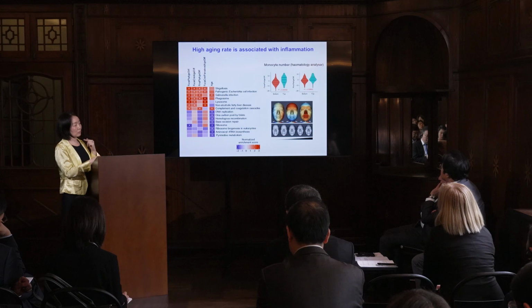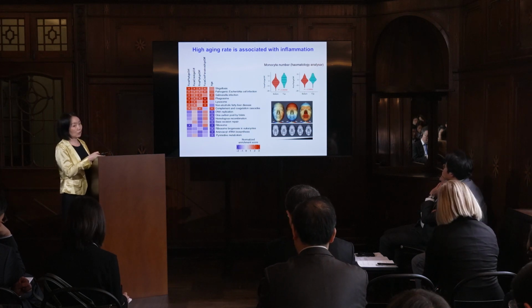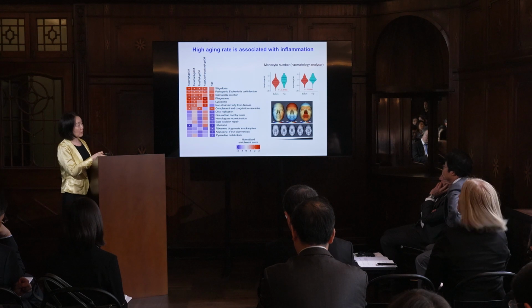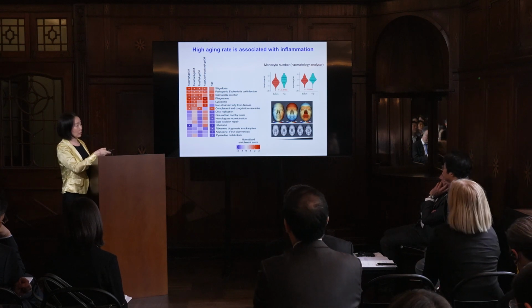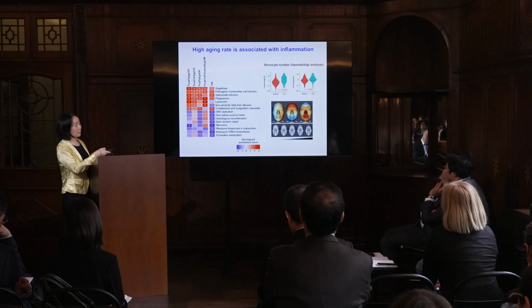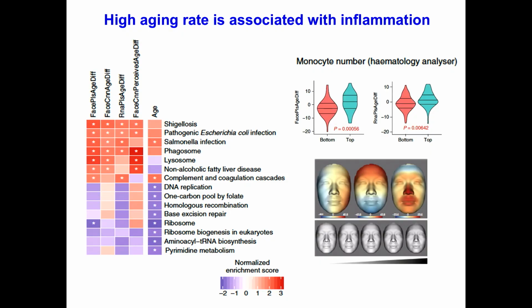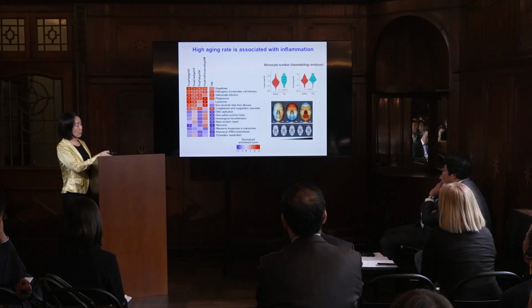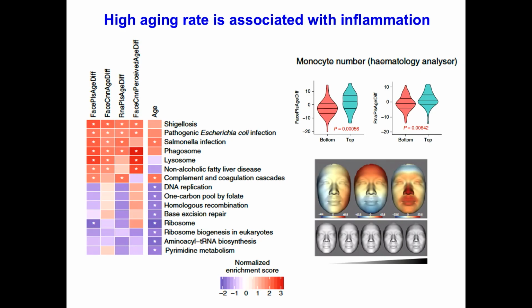And if we directly visualize the monocyte count on the face, it shows, in this corner, mostly a protrusion of the nose and the mouth area, indicating that if there's more inflammation, the center of the face protrudes more. And at the bottom, it shows how this goes with the 3D contour plot. Essentially, with more monocytes, the face looks older, right?